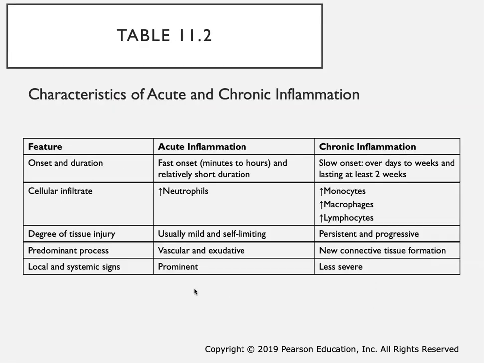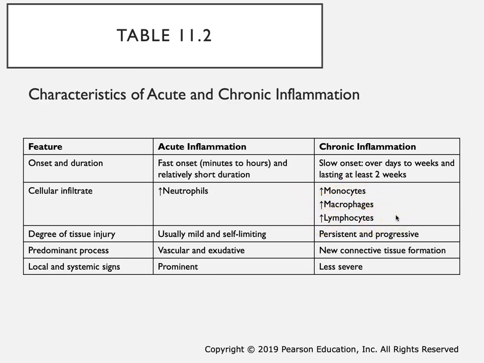If we compare the two and look at some different characteristics of acute and chronic: onset and duration. Acute has fast onset and relatively short duration; chronic has slow onset and lasts at least 2 weeks or more. In terms of cells involved, acute shows an increase in neutrophils, but chronic inflammation shows an increase in monocytes, macrophages, and lymphocytes.